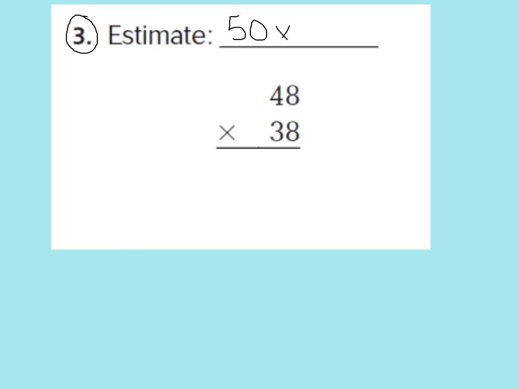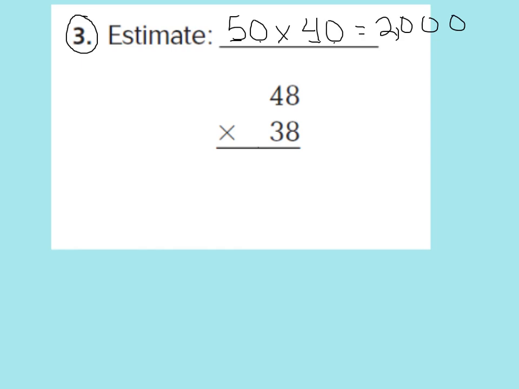So I'm going to have 50 times 40. 5 times 4 is 20. Plus my 2 zeros would give me 2,000. So that is my estimate. When I actually find my product, it's going to be close to 2,000.